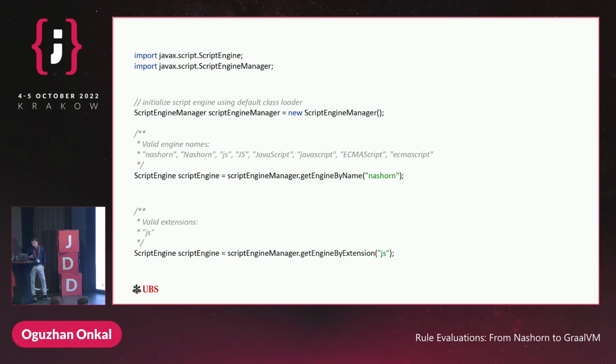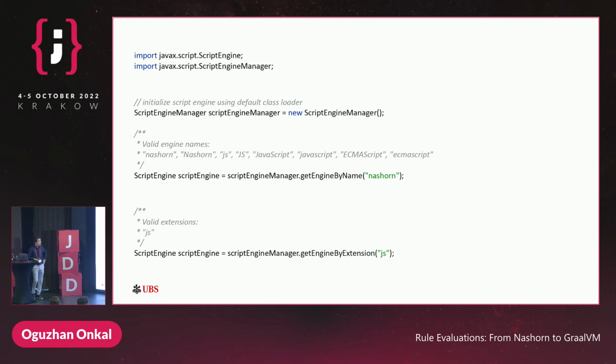So how do we actually get to that? One thing we need to do is import the ScriptEngine and ScriptEngineManager, which I just showed you. Then we initialize one ScriptEngineManager, and it provides us three methods to access the engine.